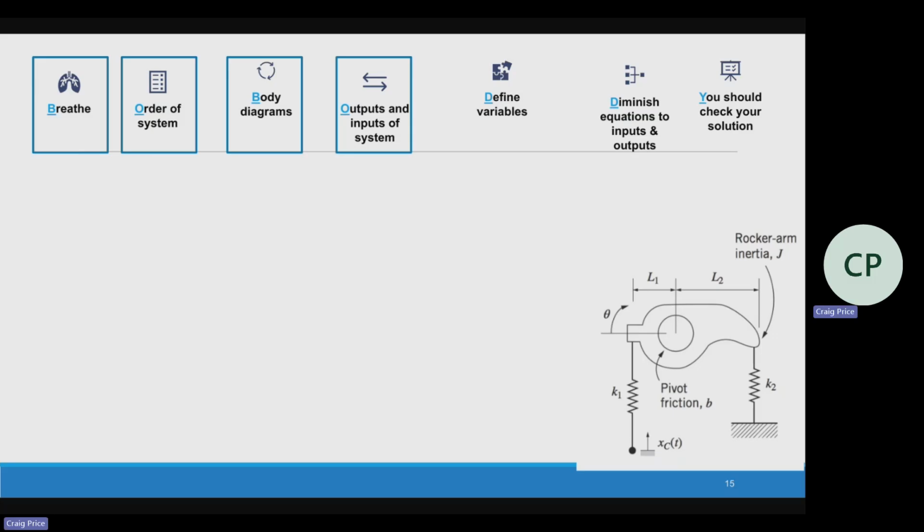No, don't worry. We're still trying to find, again, our goal is to find theta over displacement x. But we just said we're looking for one second order equation where we're going to have a theta double dot.